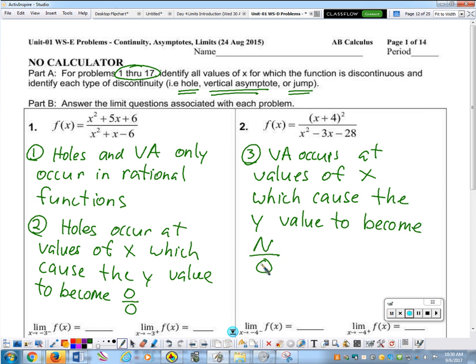N represents any number: 5, 10, -6, whatever. So a hole is when you get a y coordinate that's 0 divided by 0. A vertical asymptote is when you get a y coordinate that's some number divided by 0.